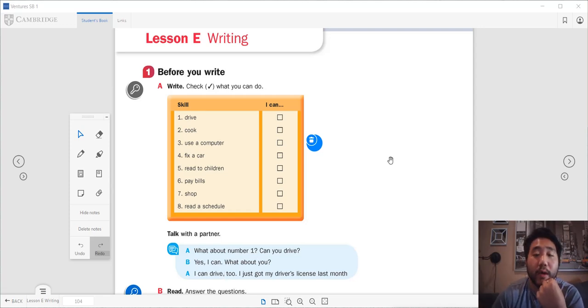But since I don't have a partner and you don't have a partner, what I want you to do is come up with a list of your own skills other than these. Don't use the skills here, just come up with your own. What are things that you can do that other people can't do? For example, if you are a doctor, you can treat patients.